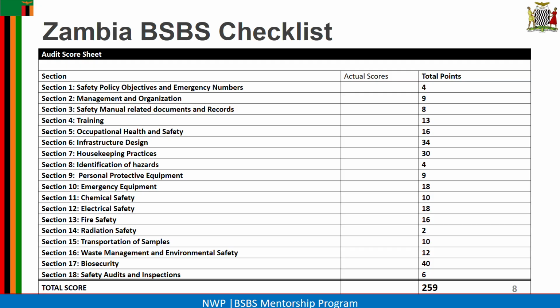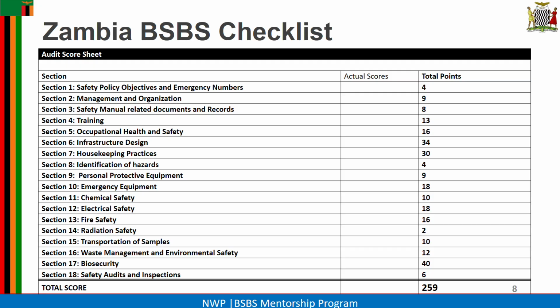So this checklist will prepare you more strongly on biosafety and biosecurity and not really on the quality management system. Mostly SLIPTA will prepare you for the overall quality management system, but this checklist is specific for biosafety and biosecurity.